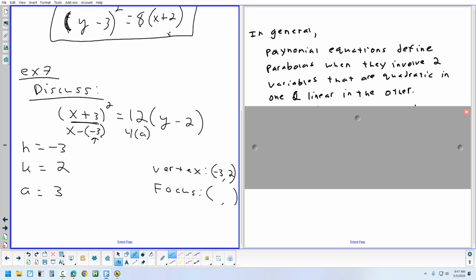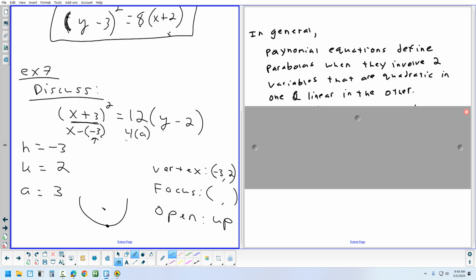Okay. Which way does this parabola open? Up, down, left, or right? Up. Positive 4 with a y. Y direction means vertical. Positive means up. Opens up. Now that we know it opens up and the vertex is there, the focus is 3 units up.